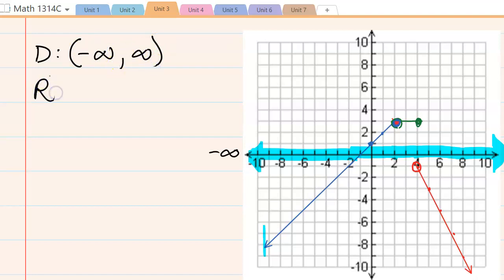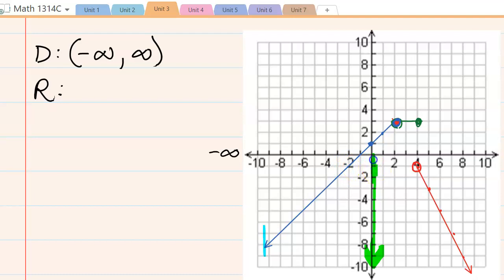Let's see about the range. For the range, let's take a look at the y values, and what we're going to do is squish them into our y-axis. So that means if we look over here starting at negative infinity, we can see this will squish over here. And all of these will squish onto here. Even these would squish onto here. Notice right here at -1, even though it's an open circle here, it's closed over here.